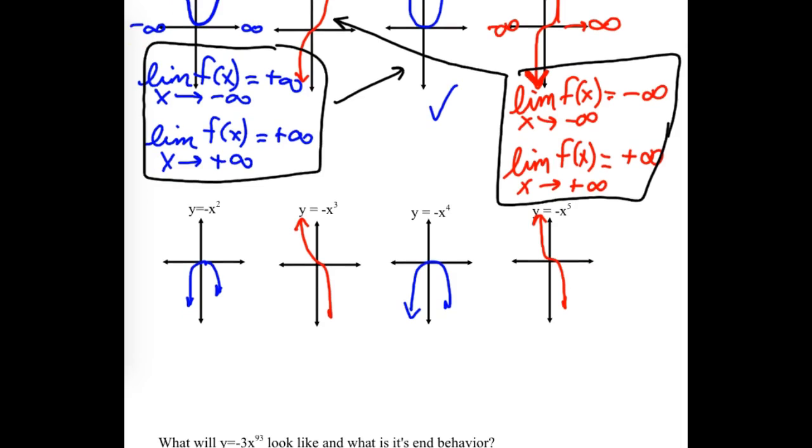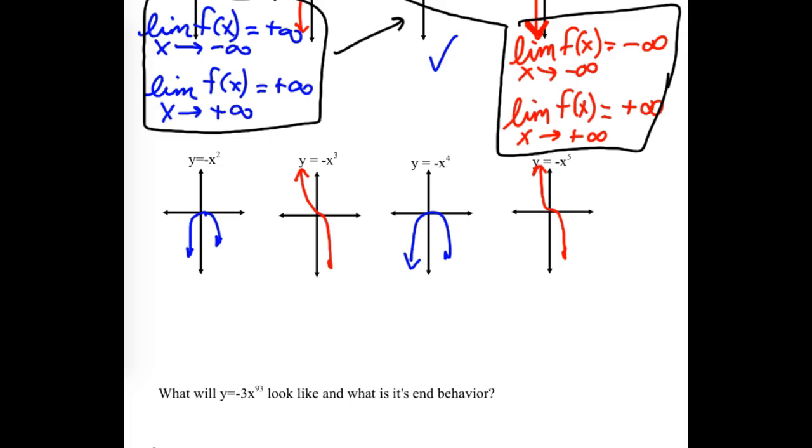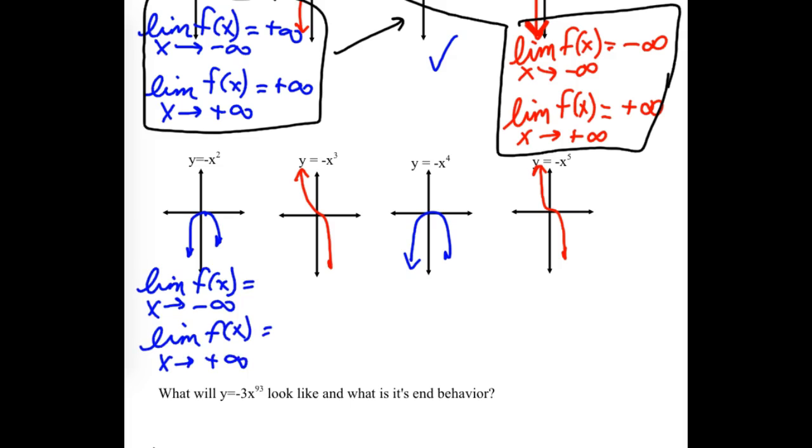Well, what happens when we flip everything upside down? All right, we're still going to use that same limit notation. So I'm going to say the limit of my function as x goes far to the left towards negative infinity, and also I'm going to find the limit as x goes towards the far right, towards positive infinity.